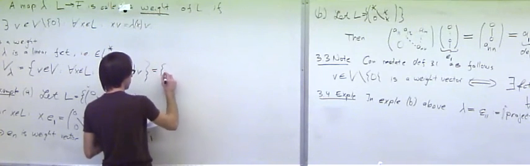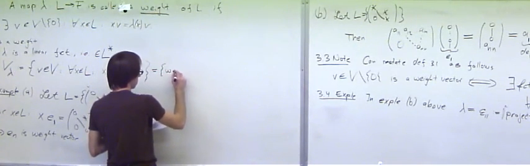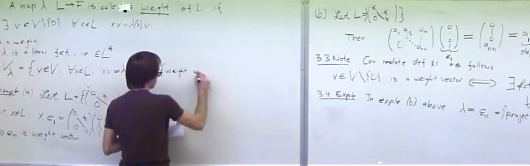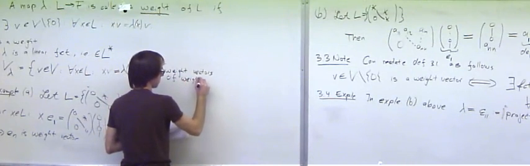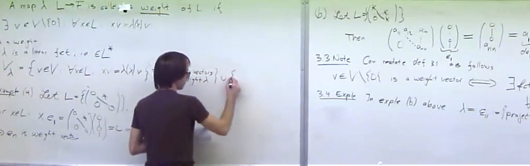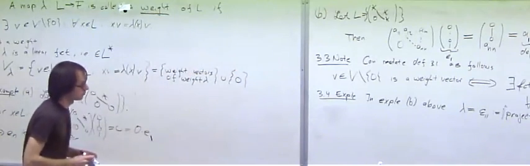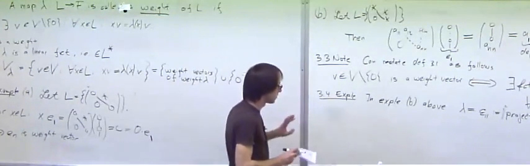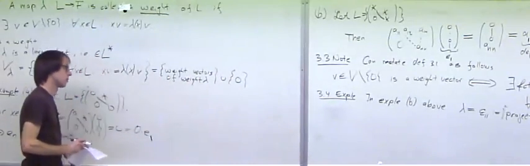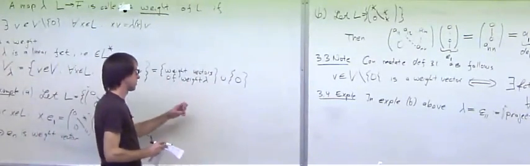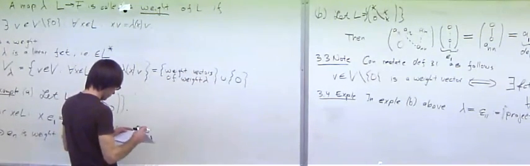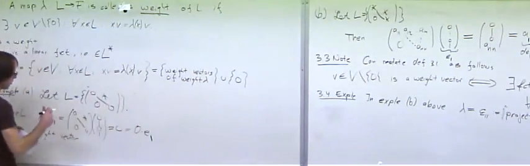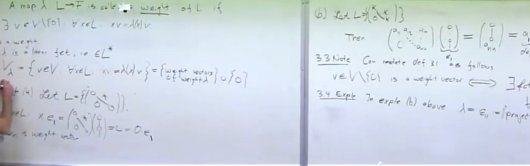So this is the set of all weight vectors of weight lambda, and also the zero vector. The way I made the definition, zero is not an eigenvector, so zero is not itself a weight vector, but it's also contained in this set V lambda. And why do I include it here? Because then I can show that this is a vector subspace.